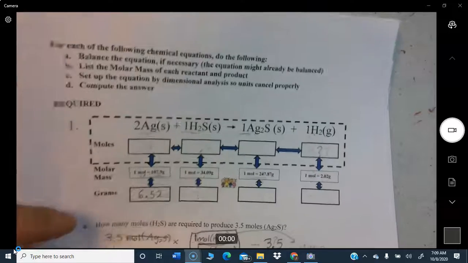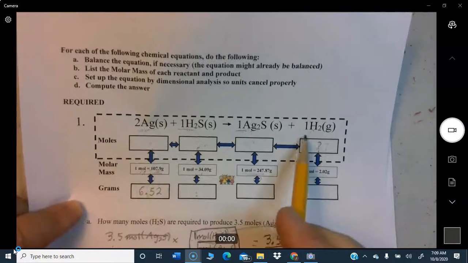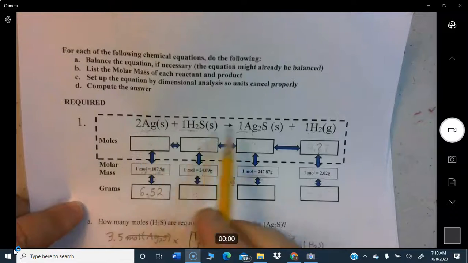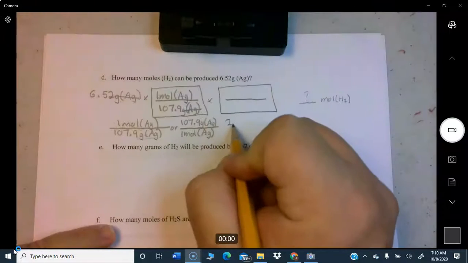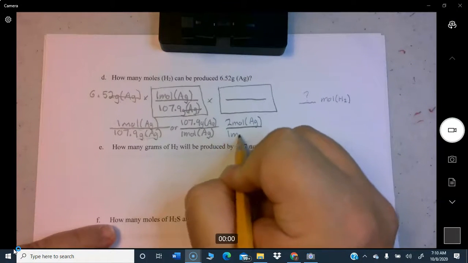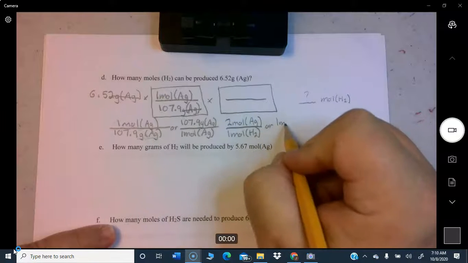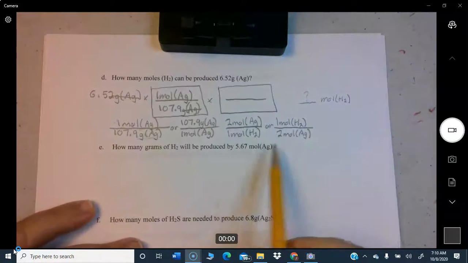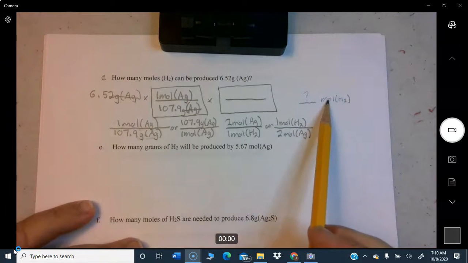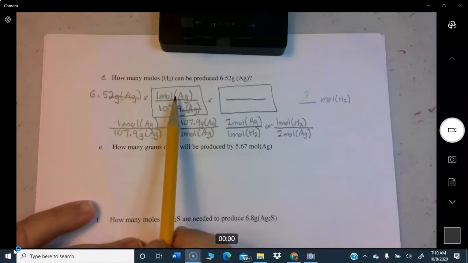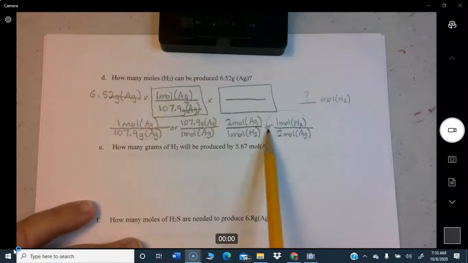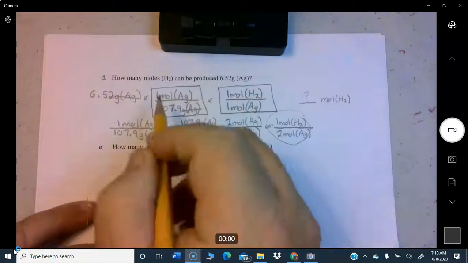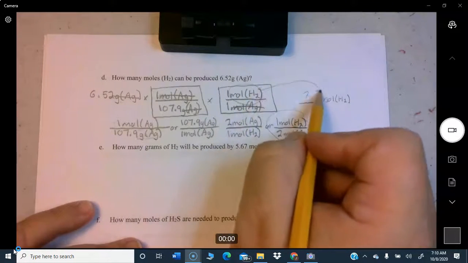Now our final conversion is from moles of Ag to moles of H2, so that we have to use that relationship right there. Okay, which one of these goes there? Well, you need mole of H2 to appear in the final answer and mole of Ag to cancel, so you're going to use this one. That's the last one standing.